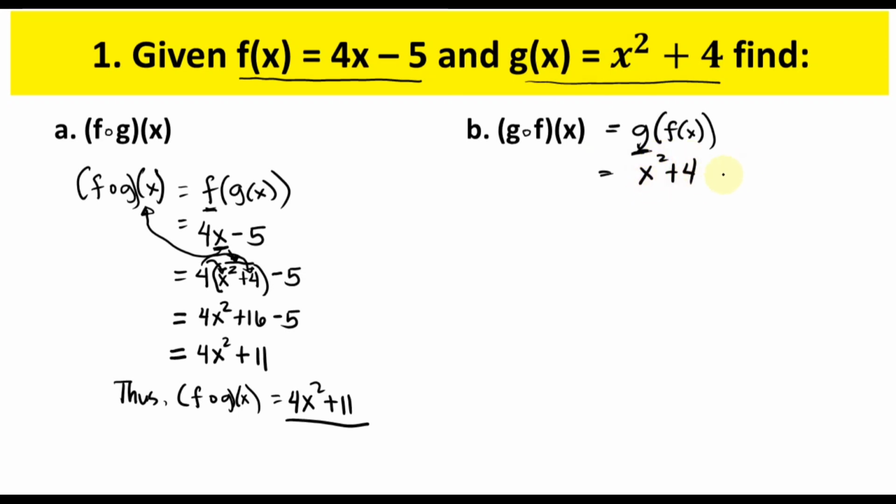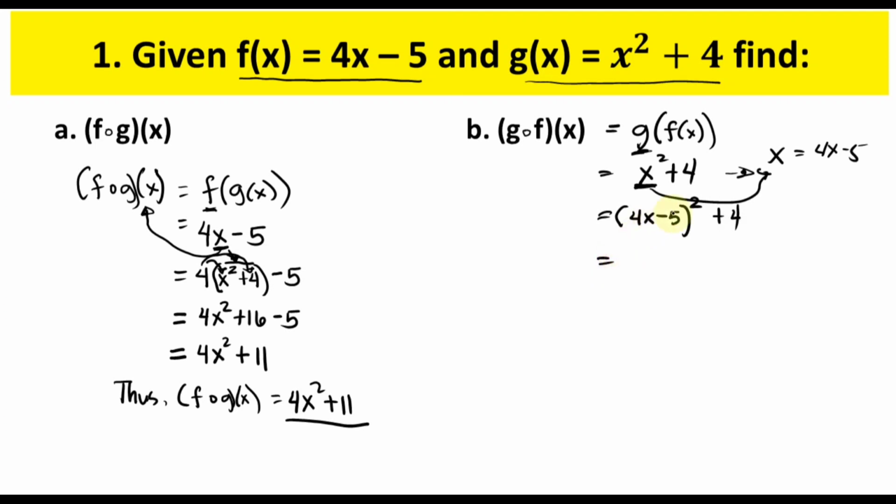Then i-replace natin si x, magiging 4x minus 5 na yan. So equals, i-replace natin yung value ng x sa value ng f of x. So that is quantity of 4x minus 5 raised to 2 kasi may exponent plus 4.